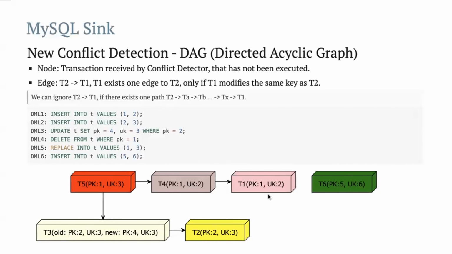Right now, we can solve the stop-the-world problem by using this graph. We can write T6 to the target system at any time because it doesn't conflict with any other transitions. We still cannot write T5 until T4 and T3 are written to the downstream. But this time, we don't need to stop the whole world.